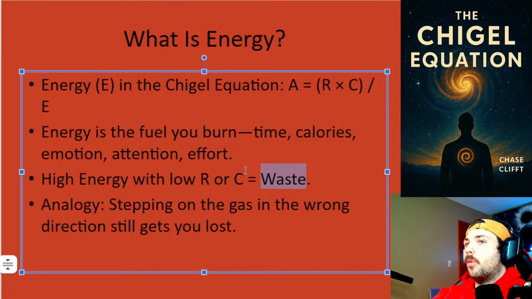This is wasted time. Or if the constraints are too low, if things are too easy, these go based off each other. Let's say you do want to burn a lot of fat off. You want to burn calories. You have super high R. If you have that want, I really want to lose body fat, high R. And you have high energy, but you don't have enough constraint.